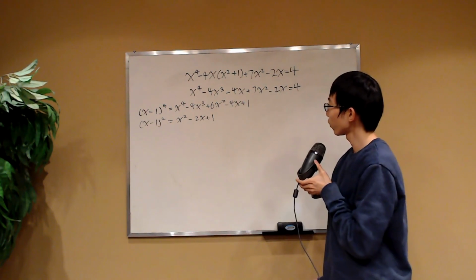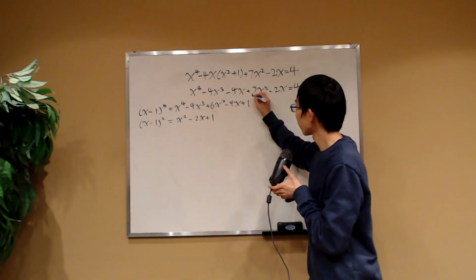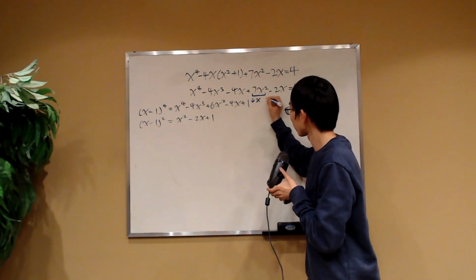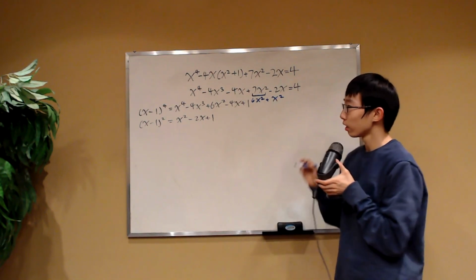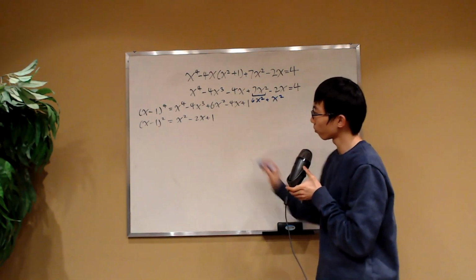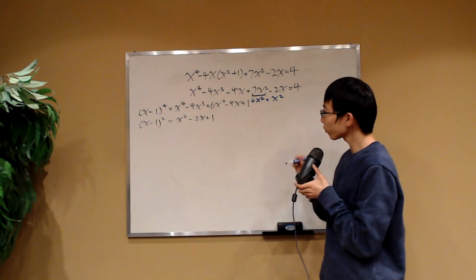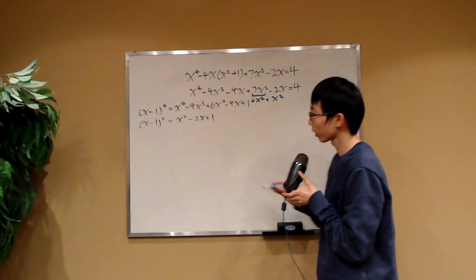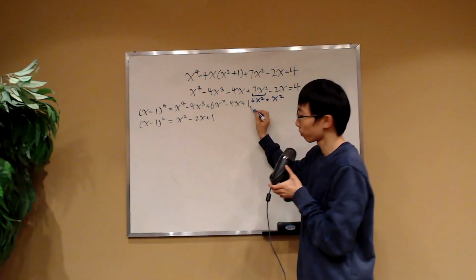In fact, if we were to consider the 7x squared term and break it up as 6x squared plus x squared, then now consider this. Consider the terms from x to the 4 to 6x squared. All of the terms are there in order to make the x minus 1 to the 4 identity, the expanded version of it.